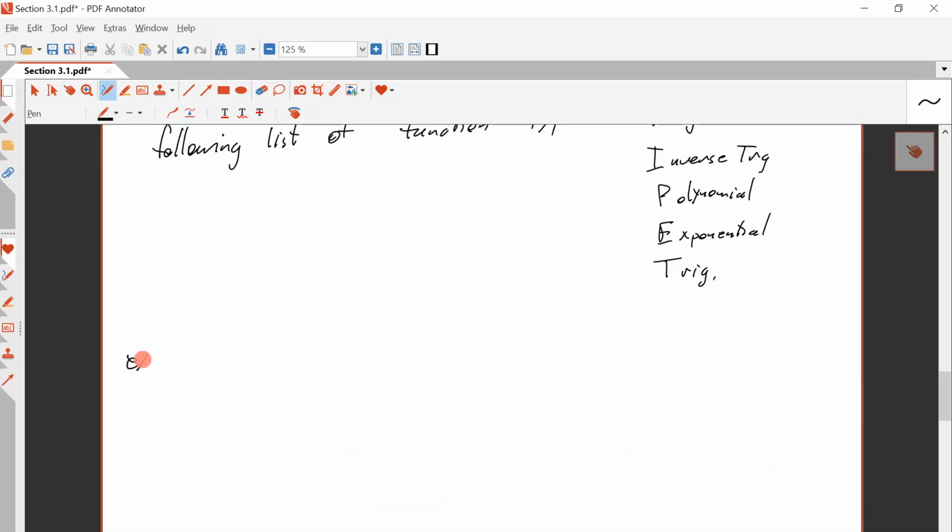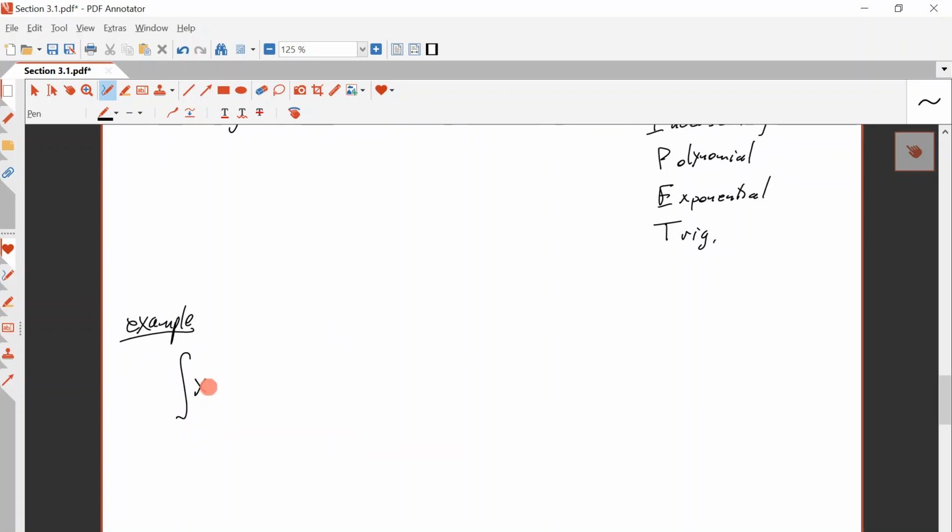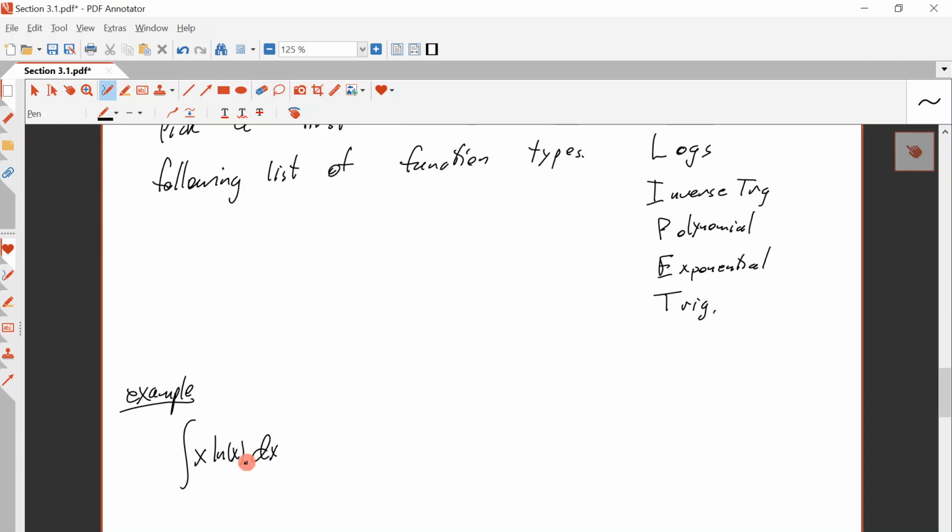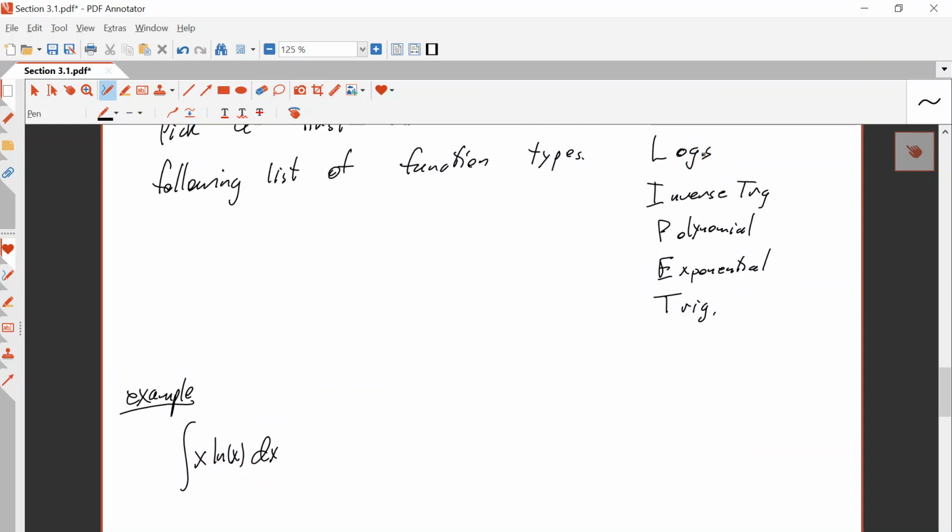So for example, how about the antiderivative of x natural log x? Right, so I have a log and a polynomial. So what does it say to do? Take the log first and polynomial second.